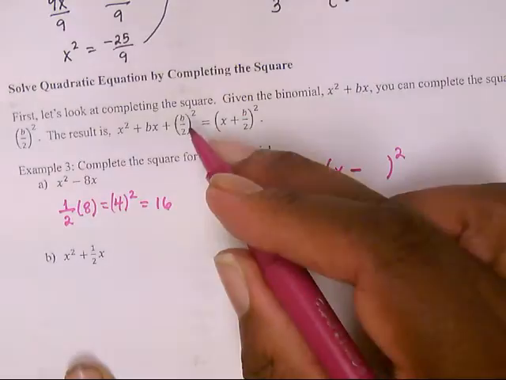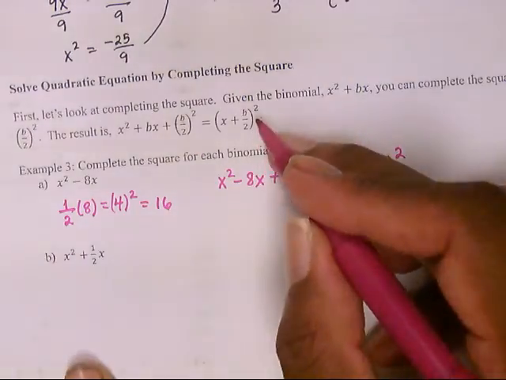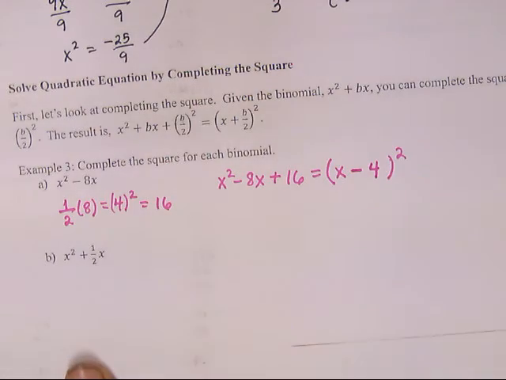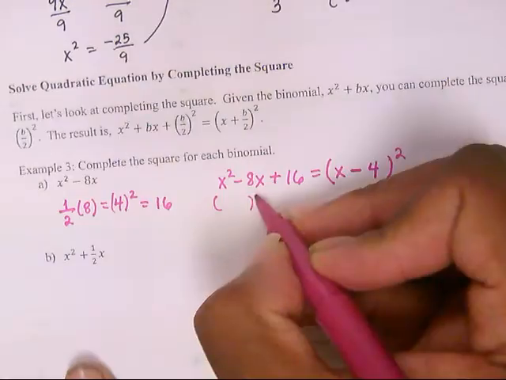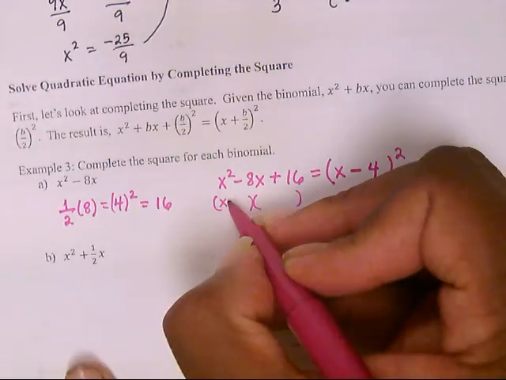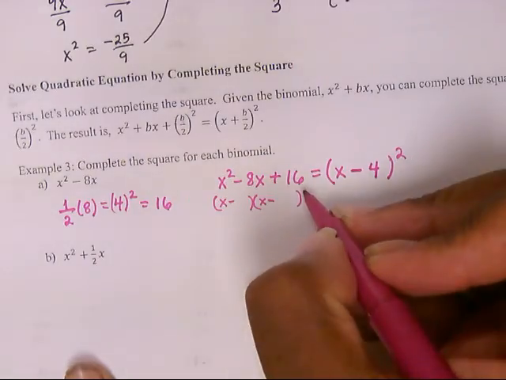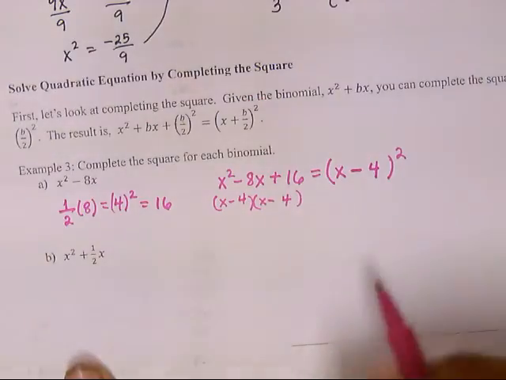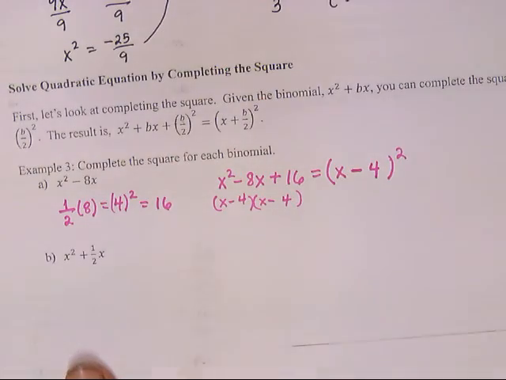And then 1/2 of 8 would be 4. So the x minus 4 quantity squared. Now you could do this. This has to be negative, this has to be negative. The factors of 16 giving you 8 will have to be 4 and 4. x minus 4 times x minus 4 is the same as x minus 4 quantity squared.